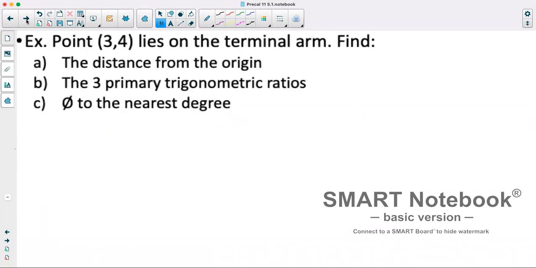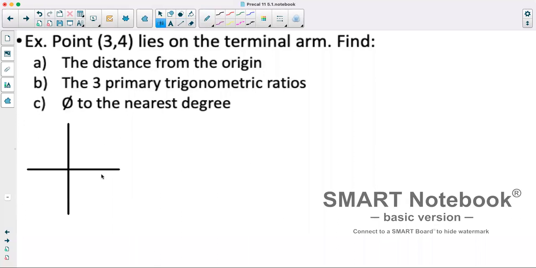For example, point (3, 4) lies on the terminal arm. We're going to find A, the distance from the origin, B, the three primary trig ratios, and C, our angle to the nearest degree. The very first thing is I would draw out a coordinate grid.